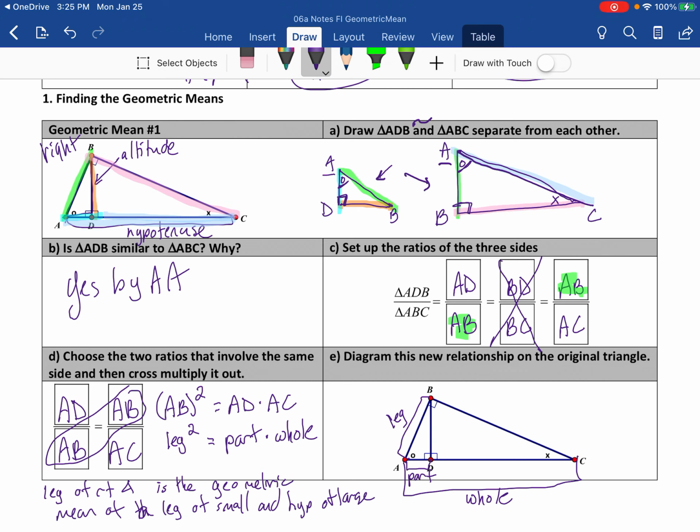Now you can also think about it this way. So AD over AB, that's leg over leg, is equal to hypotenuse over hypotenuse.